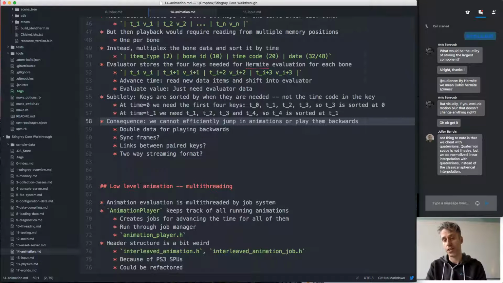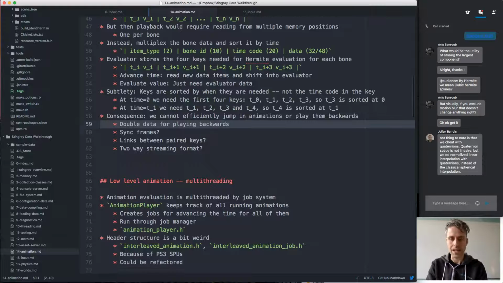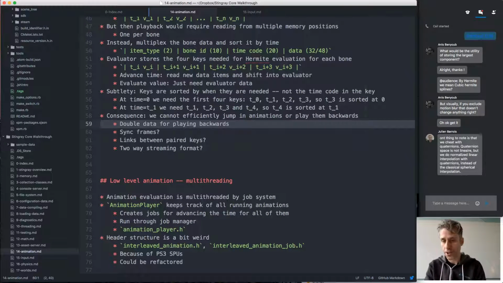On the other hand, we have a very efficient compressed format that streams well. So currently in the engine, if you want to play an animation backwards, you have to double the data. You have to store both the forward animation and the same animation in backwards order, which is kind of annoying because there are a lot of situations where you want to play the same animation backwards and forwards, like a door opening and closing and stuff like that.